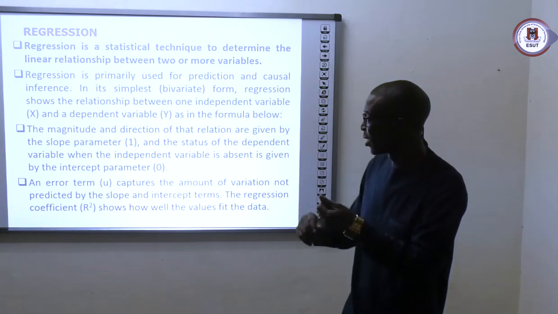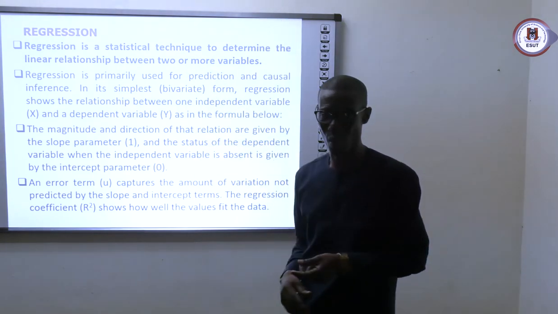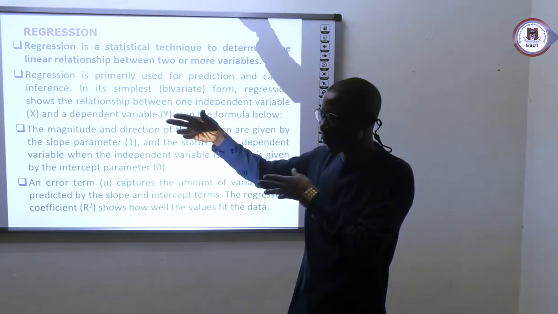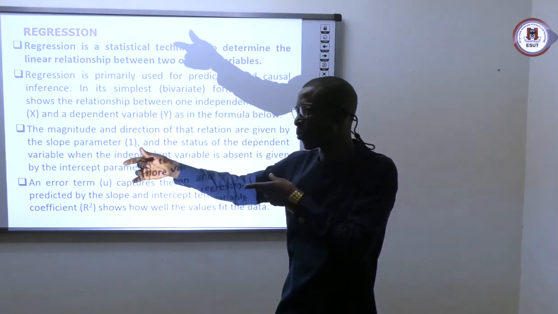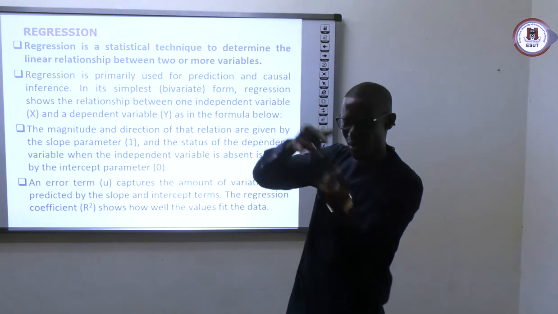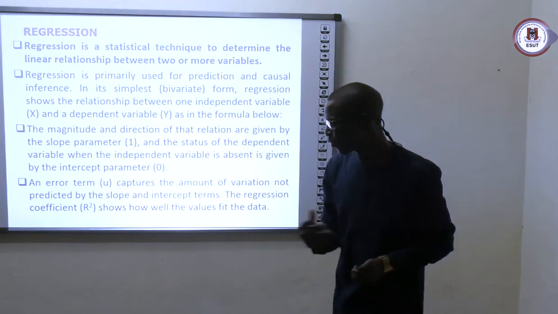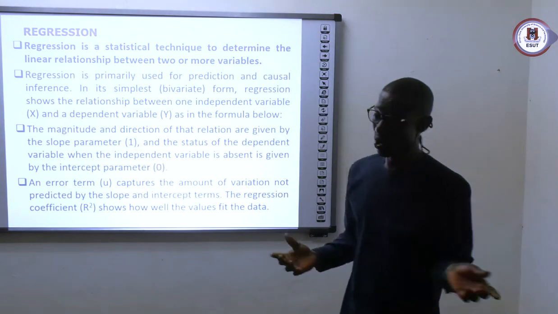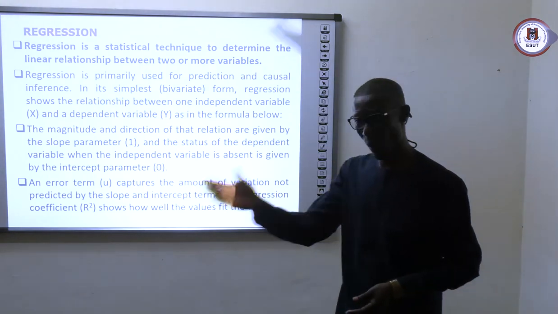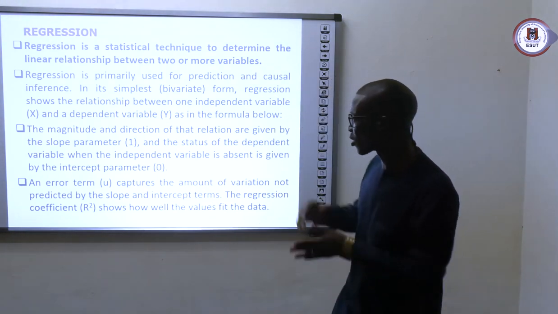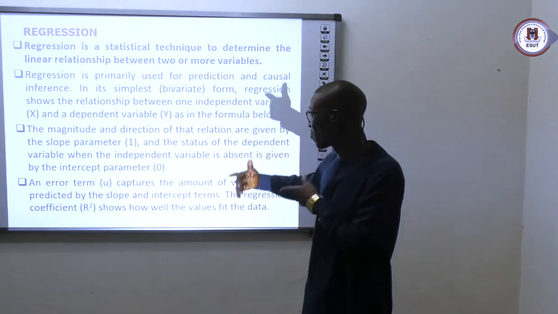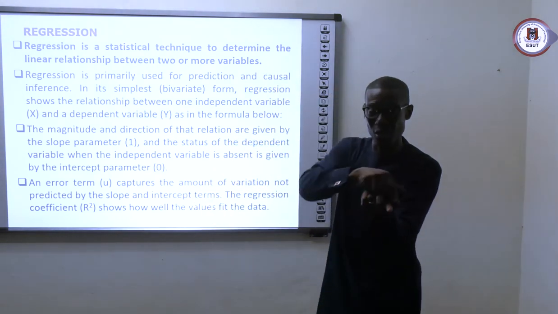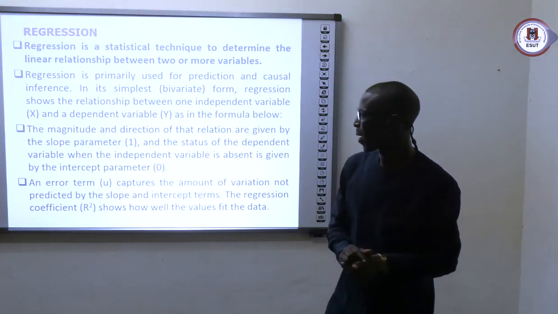The coefficient of determination, which we normally call R square, checks the percentage of variation that the independent variable was able to explain in the dependent variable. Whenever, for instance, your R square is, let's say, 0.91, it means that your explanatory variable is able to explain 91% of the variation in your dependent variable.